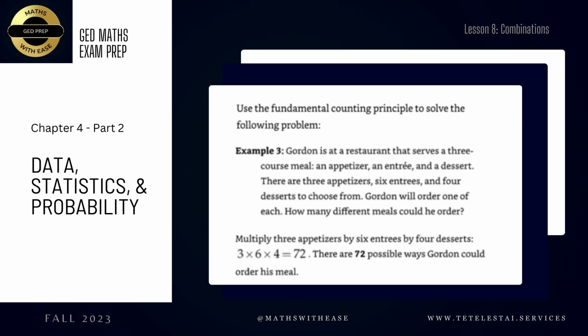How many different meals could he order if he wanted one of each, right? So you would want to multiply 3 appetizers by 6 entrees by 4 desserts, right? 3 times 6 is 18, and 18 times 4 is 72. So there are a total of 72 possible ways that Gordon could order his meal, okay?